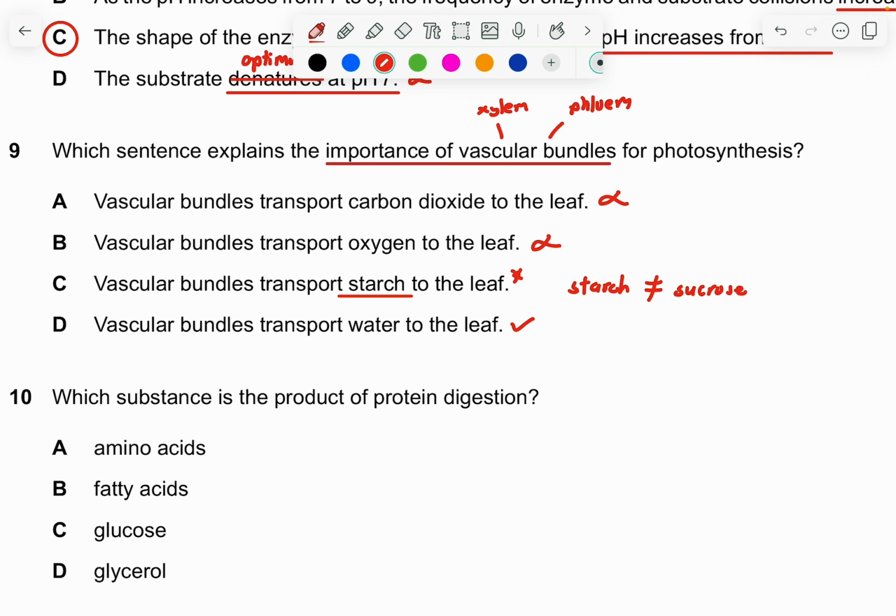And only phloem can transport sucrose and the amino acids. And xylem can only transport water and the mineral ions. So therefore, C is not the correct option, and that leaves D. And the specific vascular bundle that can transport water is the xylem.